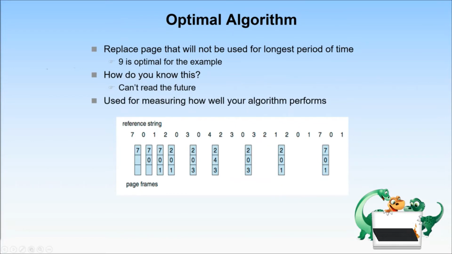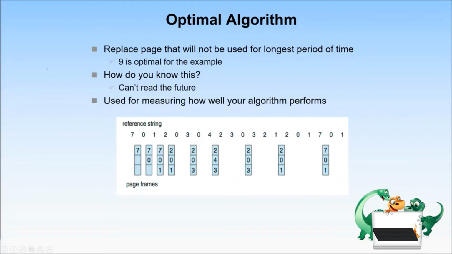Next, let's allocate 0 here. 0 is already allocated. We got 4, so allocate 4. Who is our victim here? 2 is next, so that should not be replaced. 3 is next, so 2, 3.